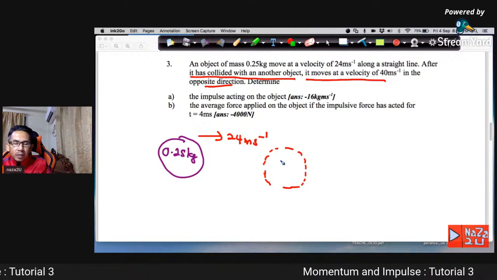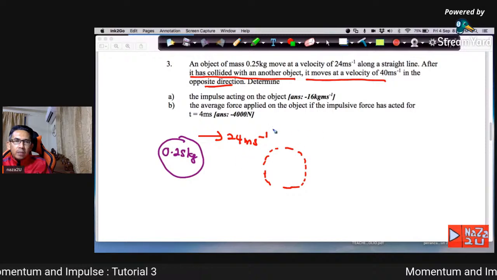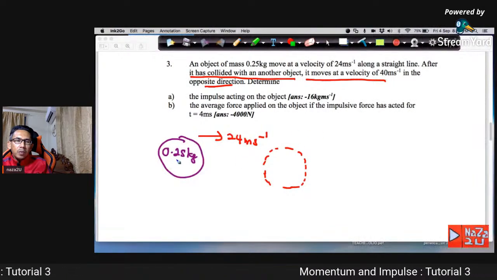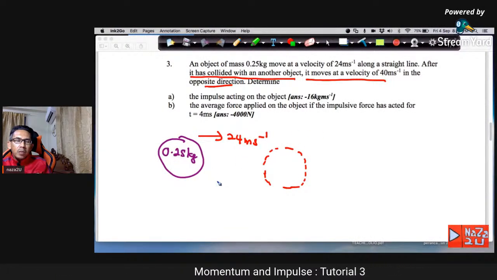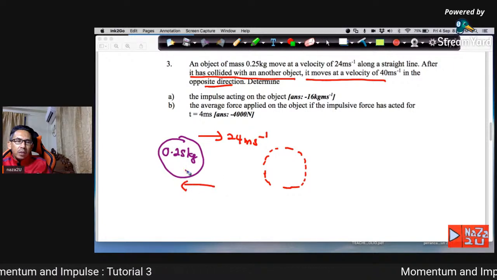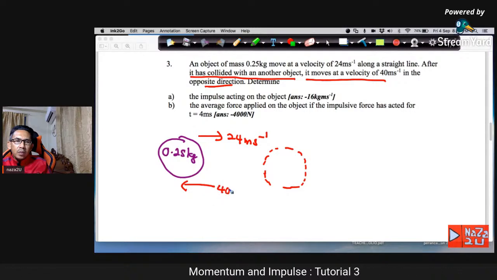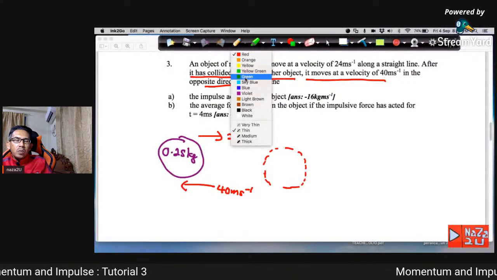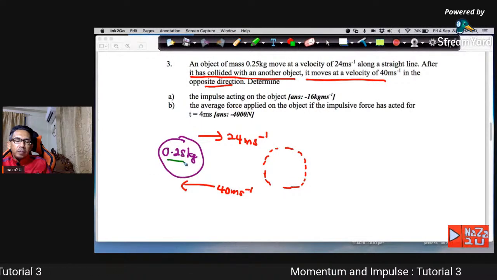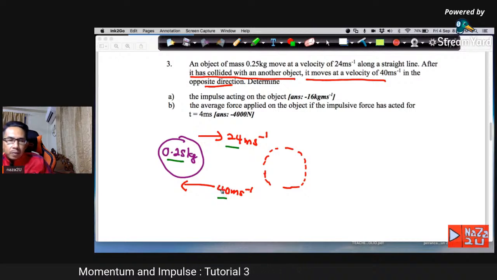The question does not mention the mass and the velocity, but after the collision between the two objects, the object of 0.25 kilogram is moving in the opposite direction with velocity 40 meter per second. So meaning here, for the object 0.25 kilogram, we have a change of momentum, right?